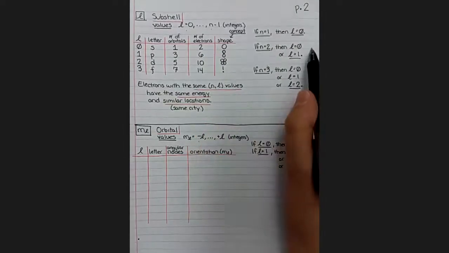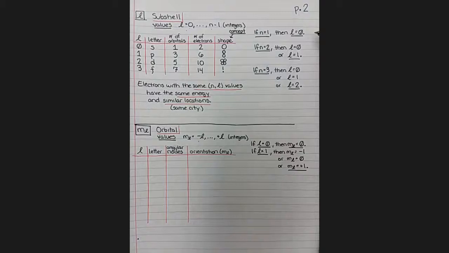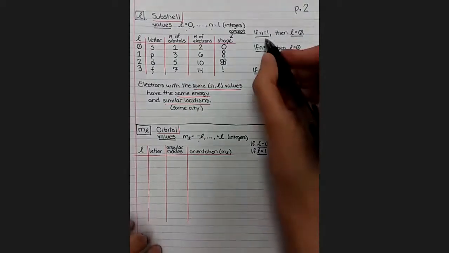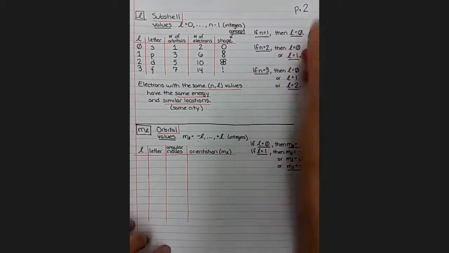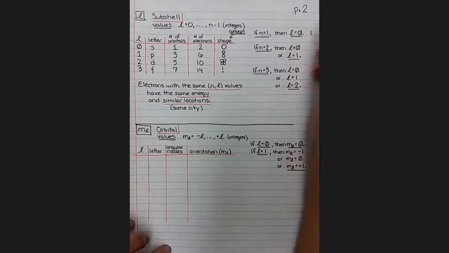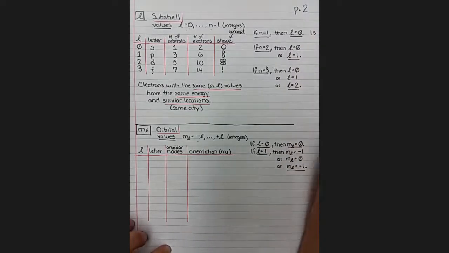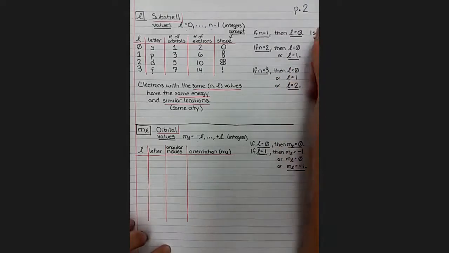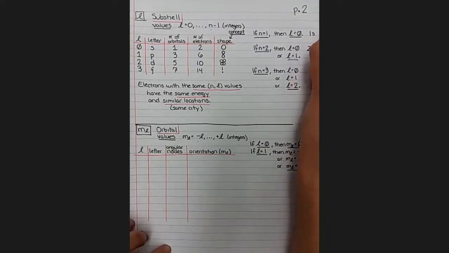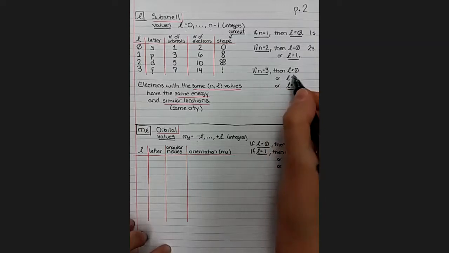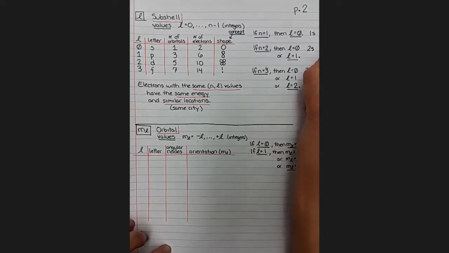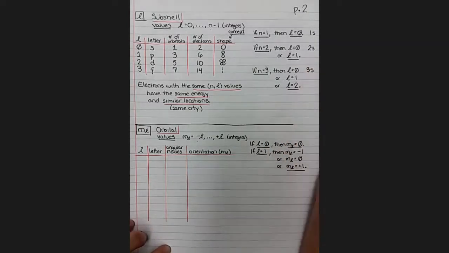Oh, and it looks like we forgot to label them. Let's go back and label them just to be complete. So if n equals 1 and L equals 0, we would call this the 1s orbital. If n equals 2 and L equals 0, it's the 2s orbital. And n equals 3, L equals 0 is the 3s orbital.